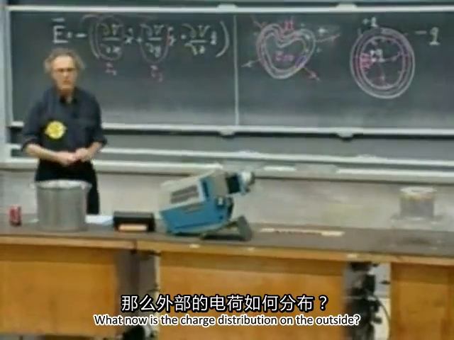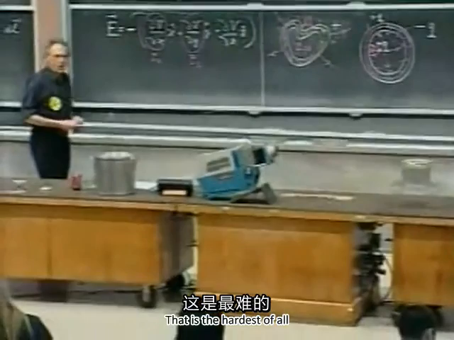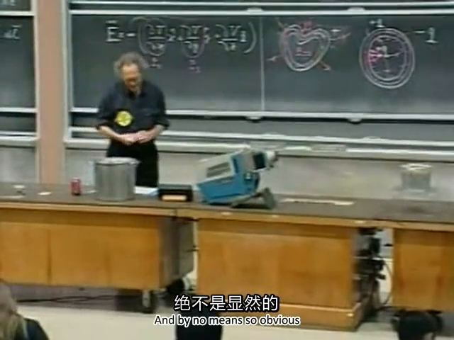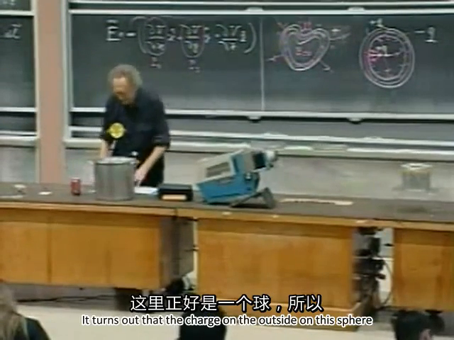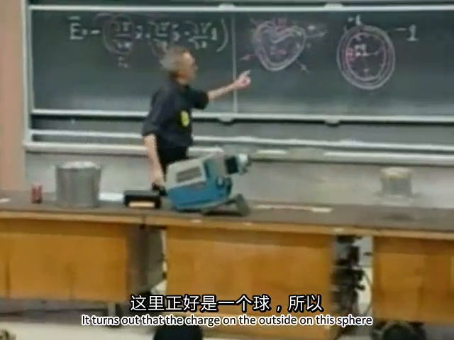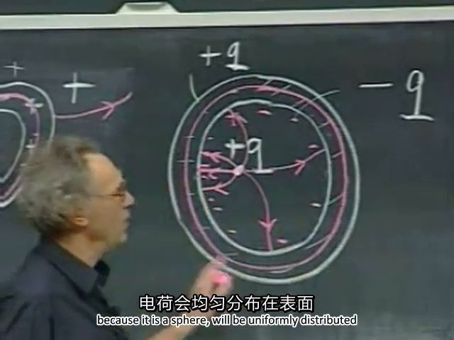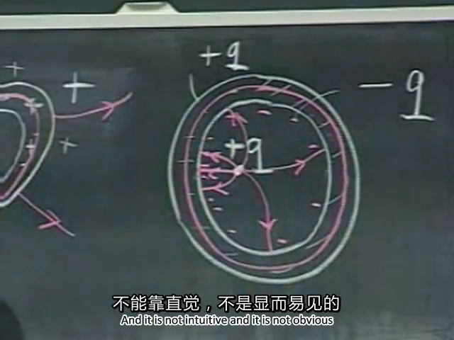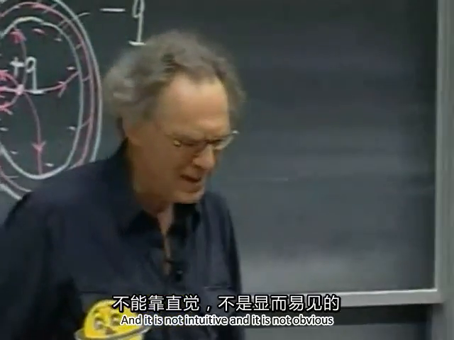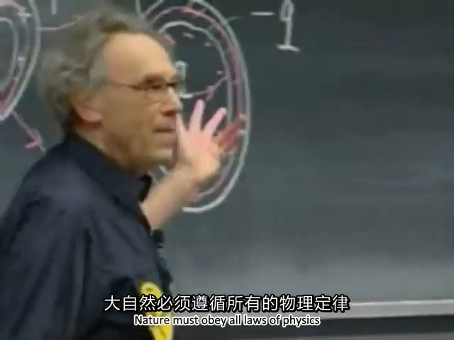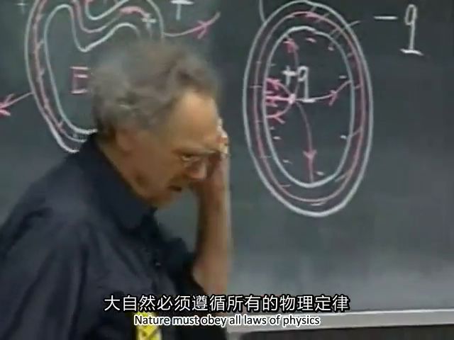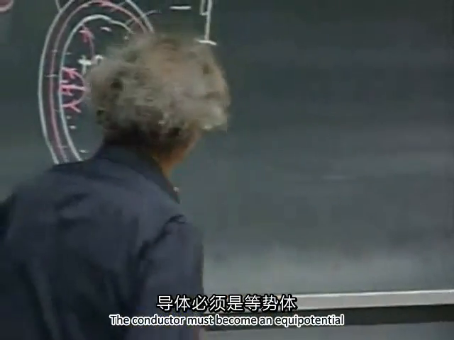What now is the charge distribution on the outside? That is the hardest of all, and by no means so obvious. It turns out that the charge on the outside, on this sphere, because it is a sphere, will be uniformly distributed. And it is not intuitive, and it is not obvious. Nature must obey all laws of physics. The conductor must become an equipotential.